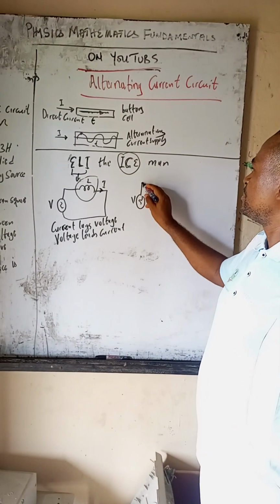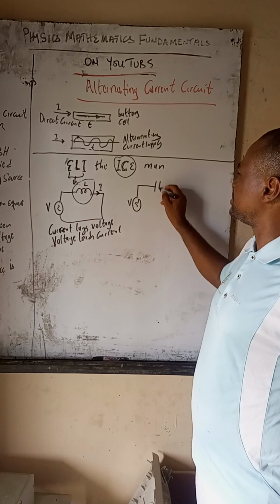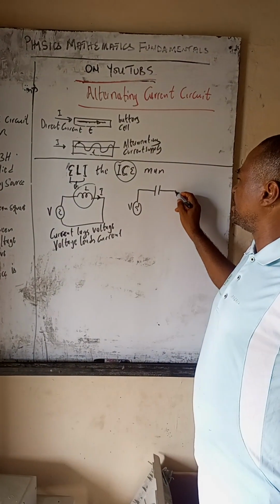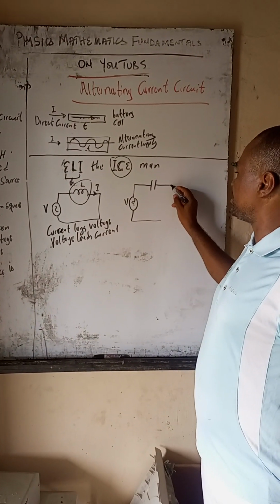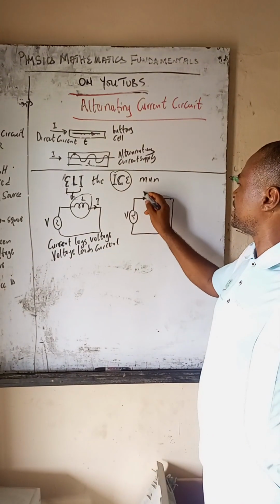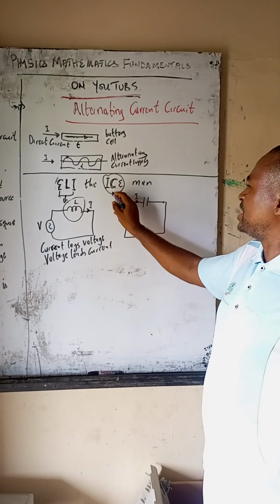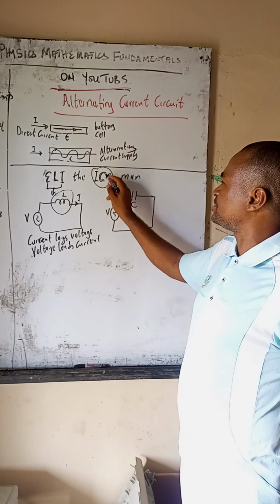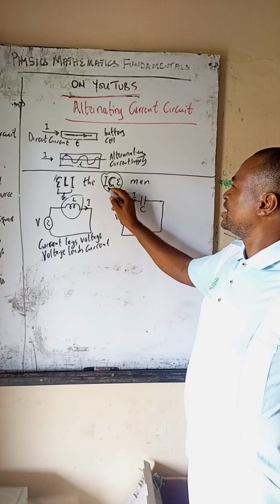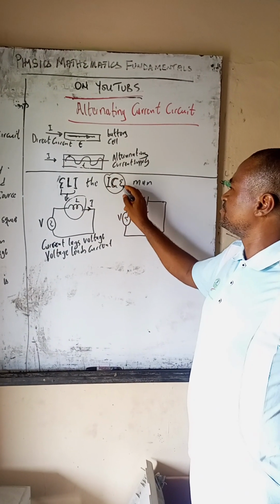Now, here we are referring to an alternating supply of voltage to a capacitor in this alternating current circuit. We have current I flowing. For this capacitor, the current leads the voltage.